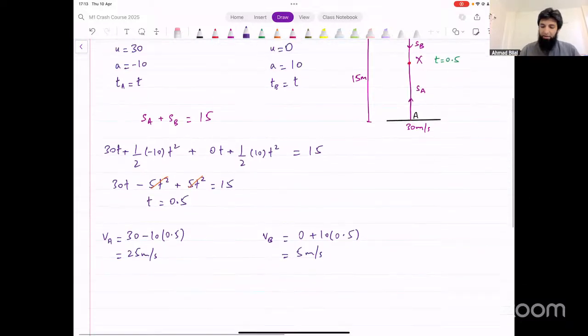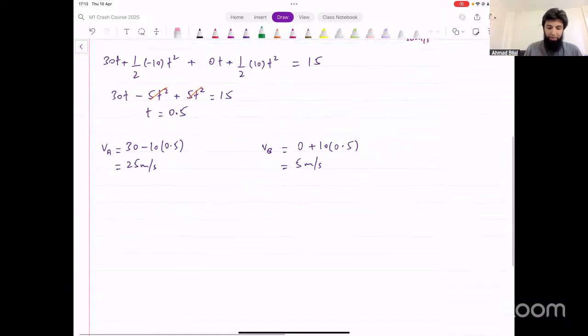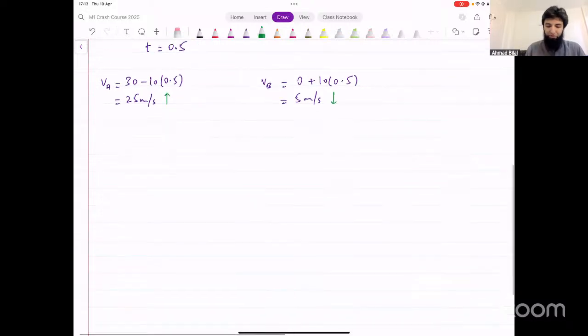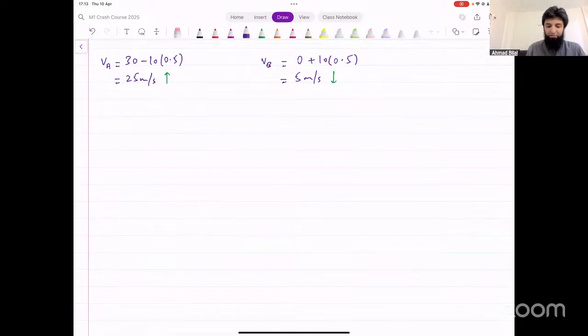So A is moving upwards at 25 meters per second, and B is moving downwards at 5 meters per second just before collision. That's what we know. So these are velocities just before collision.